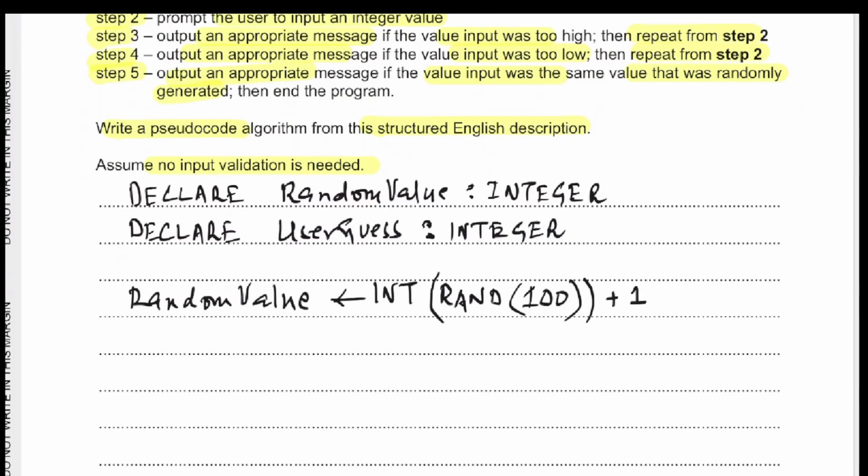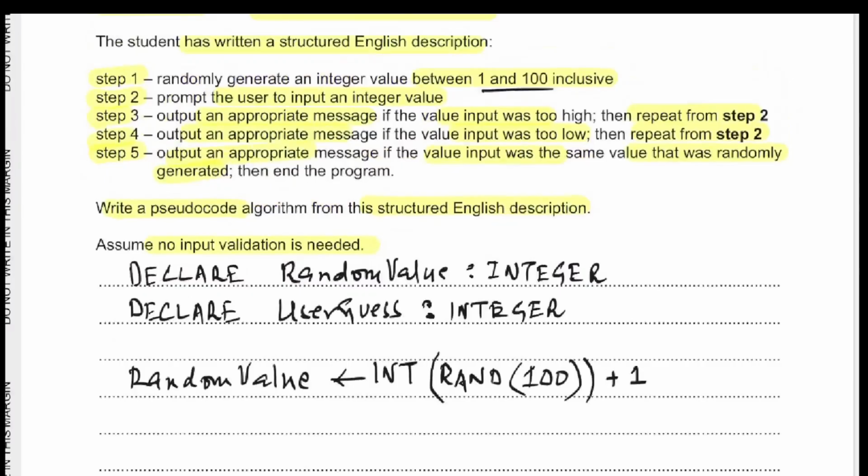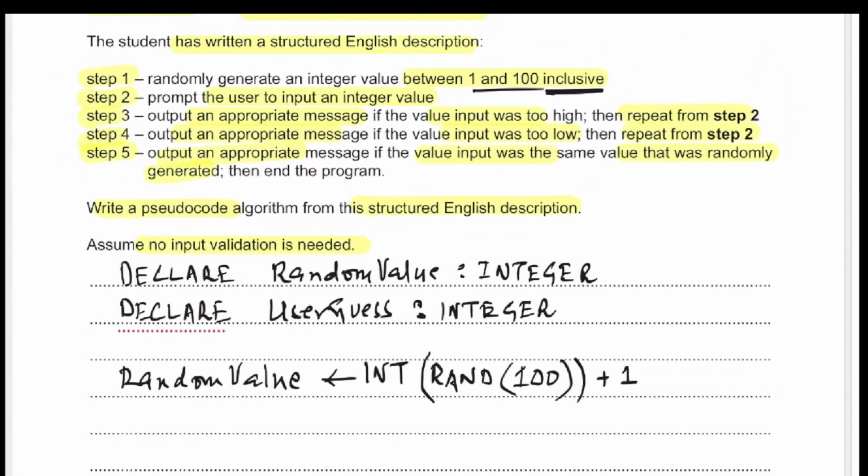Most of the time the students ask why to add this one. Basically, the question says 1 and 100 inclusive. If there was no inclusive, then there was no need to add +1 here. This +1 is actually shifting the numbers one digit forward. How? When we give 100 to rand, it starts generating numbers from 0.0 till 99.9.